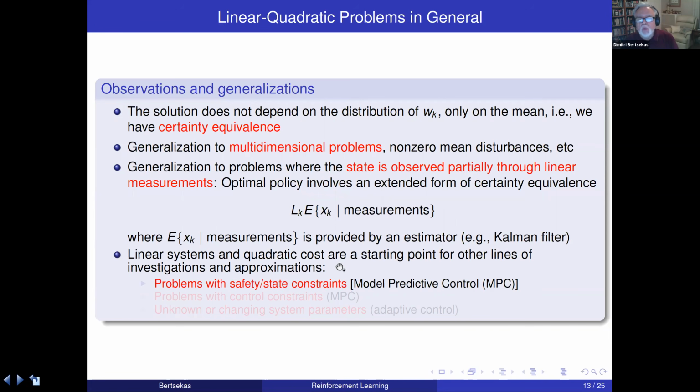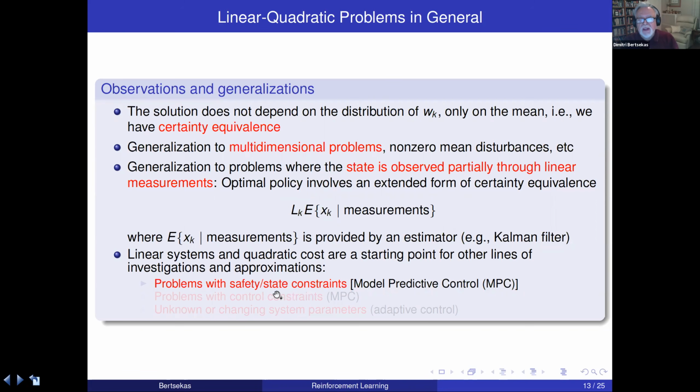Okay, linear systems and quadratic costs are very basic in control theory, and they arise in many different contexts. However, some of the other assumptions that we have used here may not hold. So for example, there may be state constraints or safety constraints. Like in a cruise control context, the car has to stay inside the road and also should not bump into cars that are ahead.